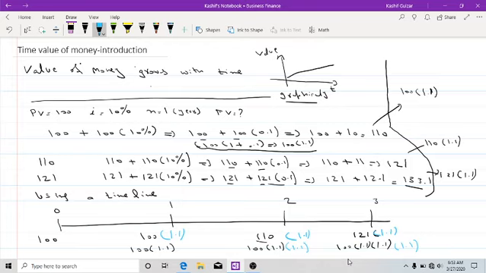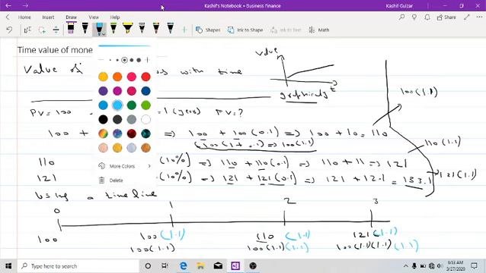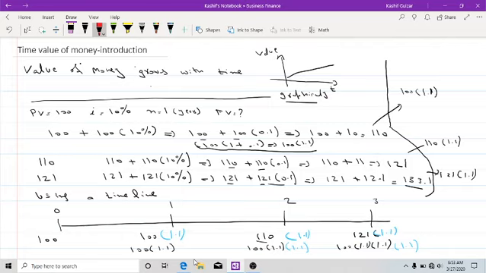So in short, I can represent this figure like this: this is 100 into 1.1.